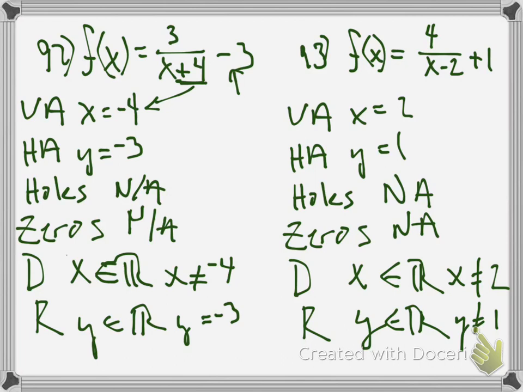That one stayed the same. And then there are no holes or zeros because there are no extra factors to cancel out, and no extra factors in the numerator. So I could ask lots of different questions here, so keep that in mind. On 92 and 93, you can see the answers.